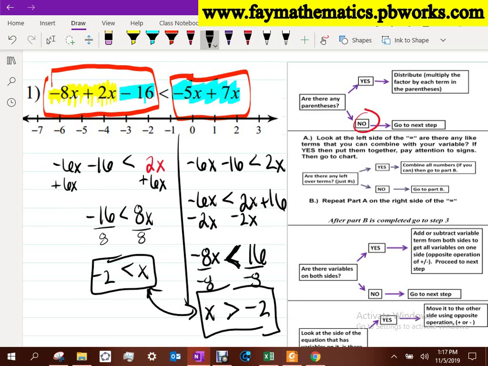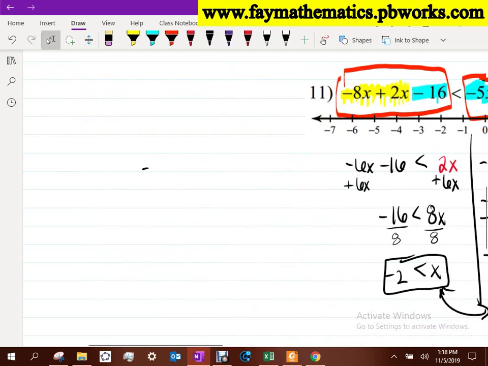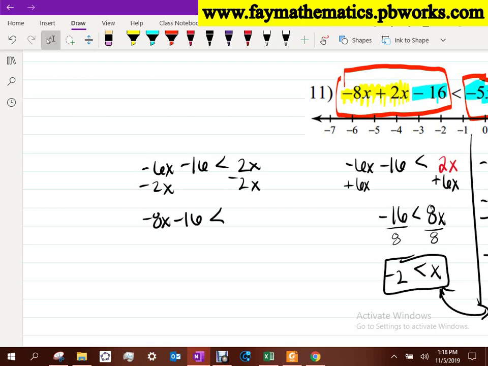Did anybody subtract 2x right away? So if I have negative 6x minus 16 is less than 2x, can I subtract 2x from both sides? So it gives me negative 8x minus 16 is less than, what's this going to be over here? Nothing, which numerically is, careful, 0. So I can do that, but what's my end goal?